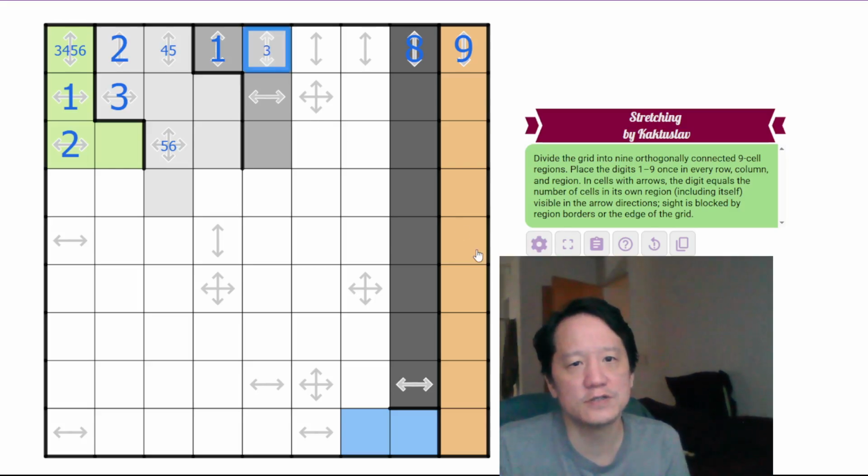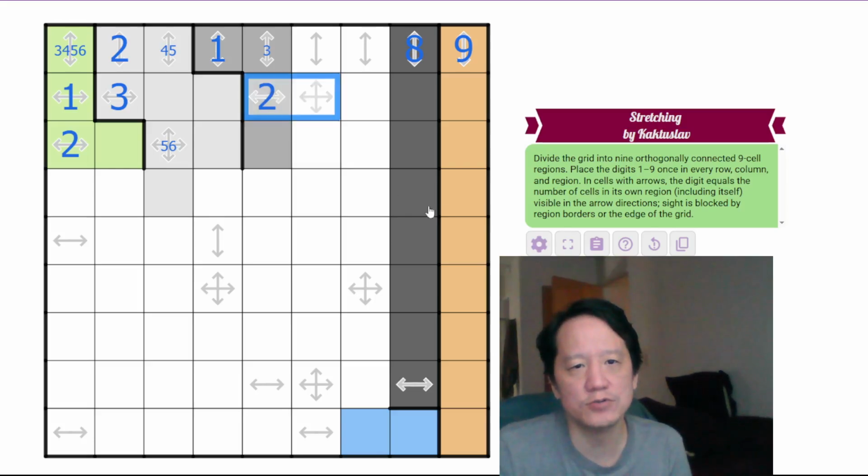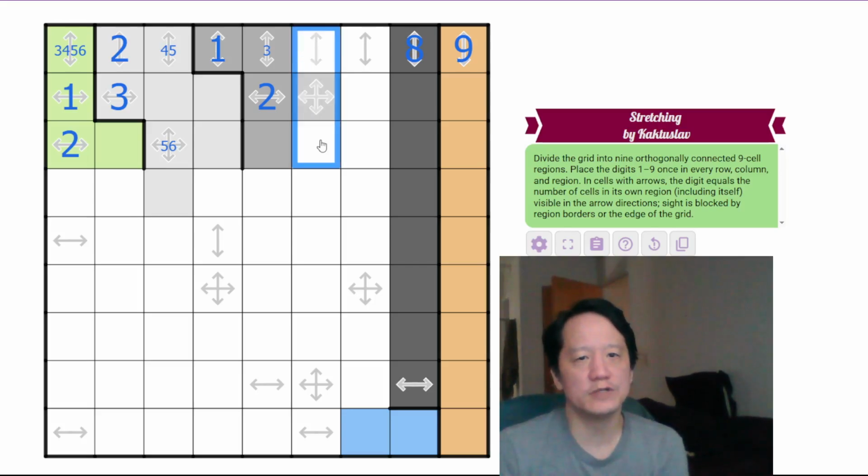This is at least 3. This cannot be 1 or 3, and it can see at most 2 here, so this must be 2. So this is 2, which means this is part of the same region. This can't see just 1, so this is part of the same region also.